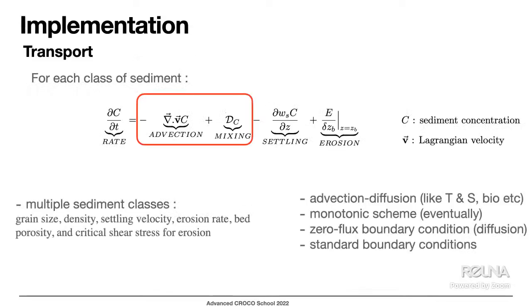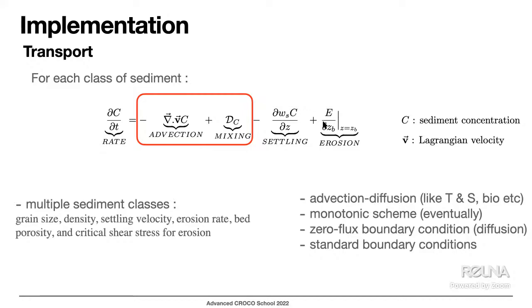So about the implementation, for each class of sediment in the water column, you have this equation. So this is the evolution of the sediment, this is advection, this is mixing. So it's the same as any other tracer, temperature, salinity, biogeochemical tracer. But we have additional terms corresponding here to the settling of the sediment and here to the erosion of sediment.